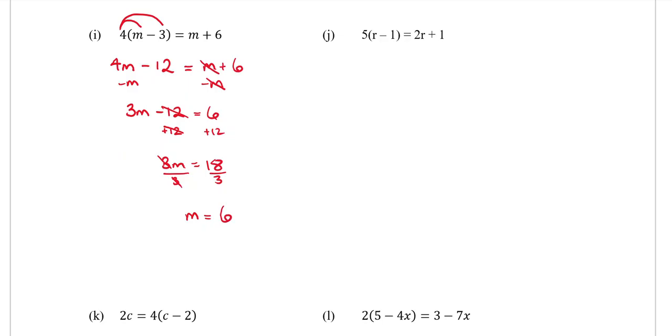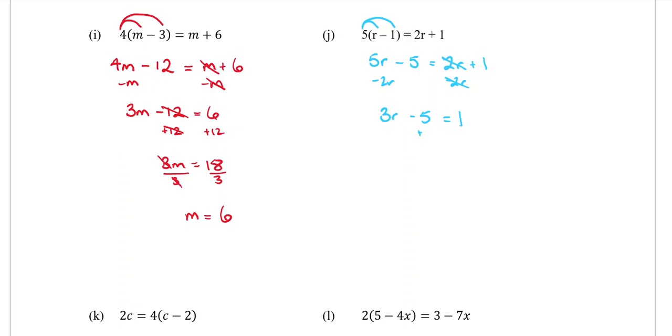Doing that again for J. First thing we do is expand the brackets. 5 times r is 5r, and then minus 5 times 1 is 5, equals 2r plus 1. Moving the 2r, we're going to subtract it. 5r take away 2r is 3r, minus 5 equals 1.